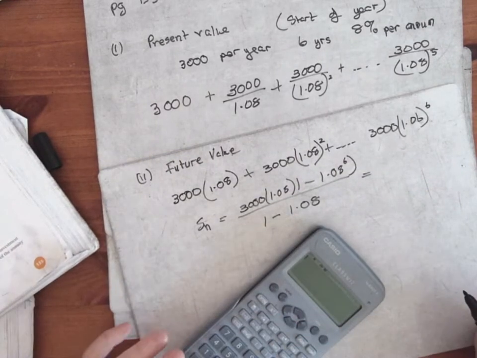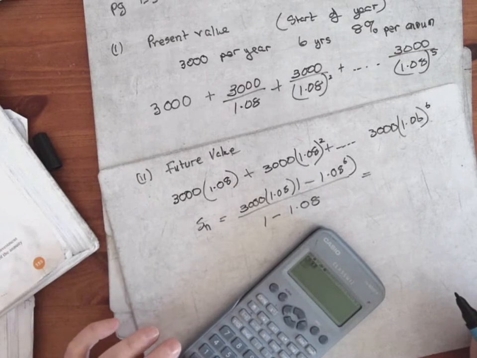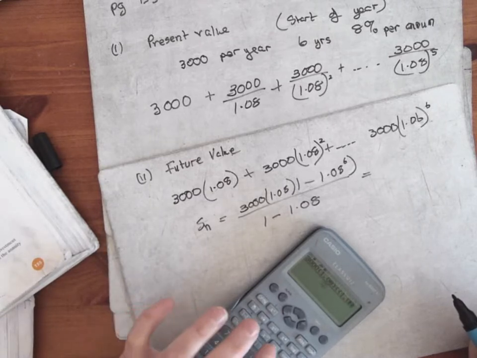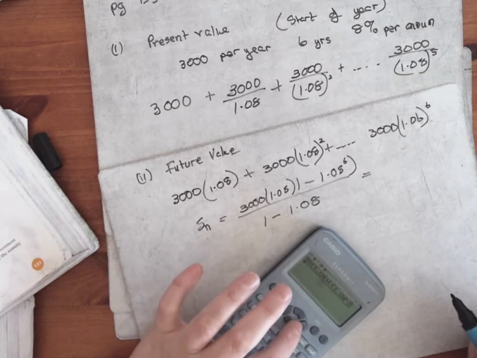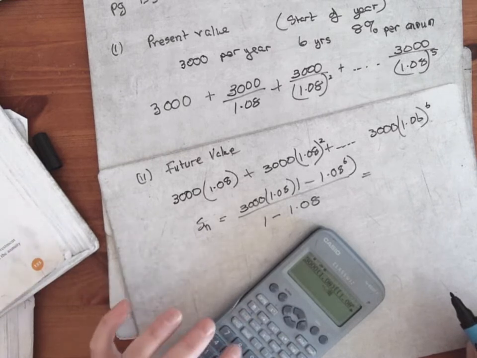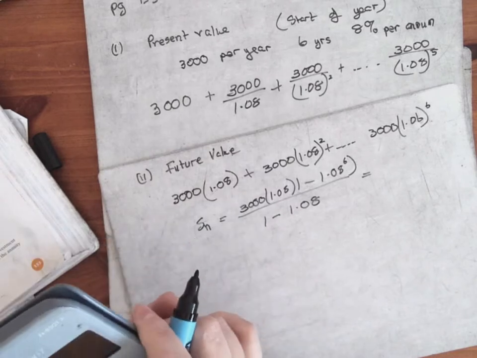Okay, and that would be 3,000 multiplied by 1.08 multiplied by 1.08 to the power of 6 divided by minus 0.08 equals, oh, why did it do that?